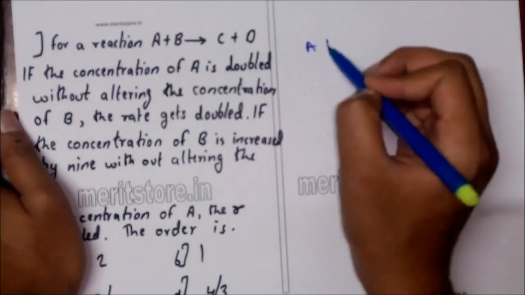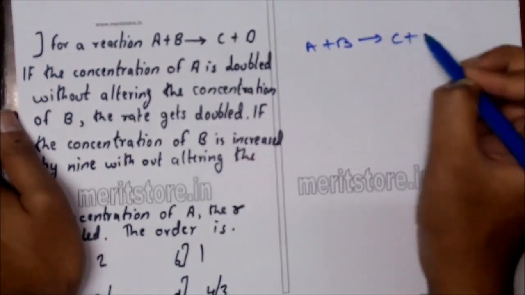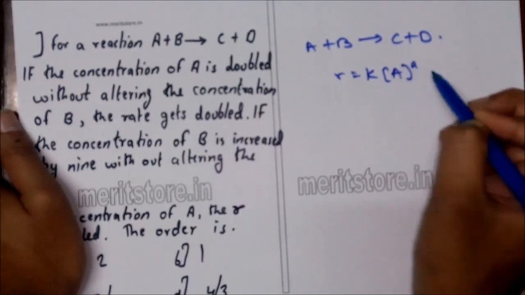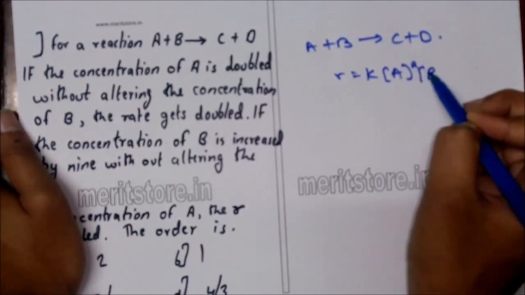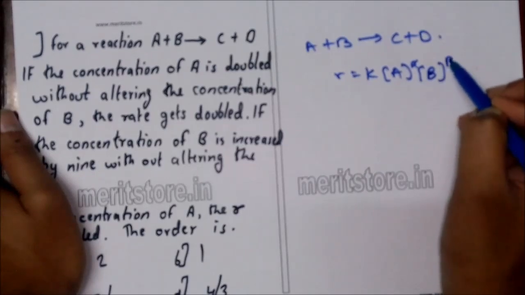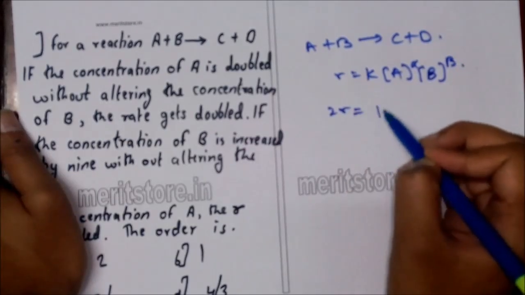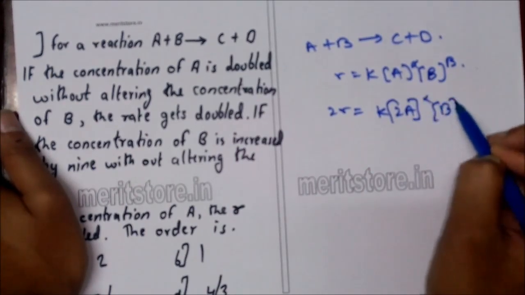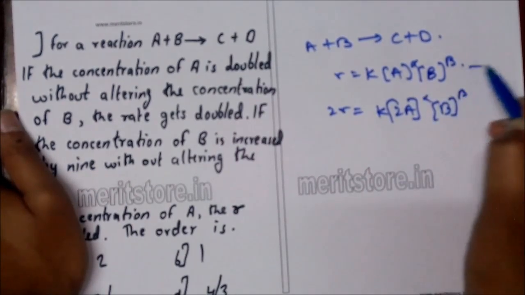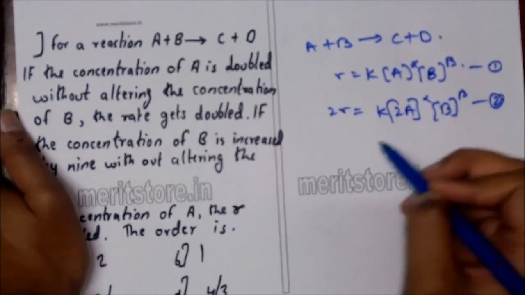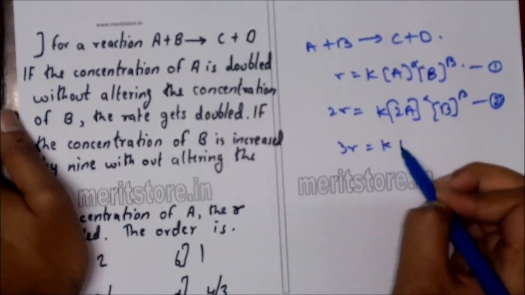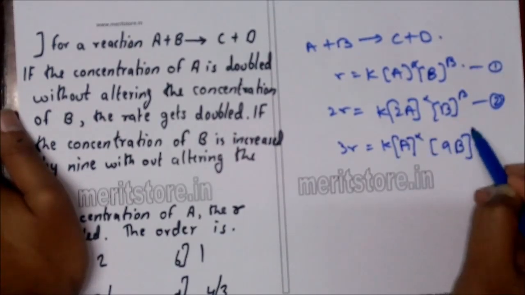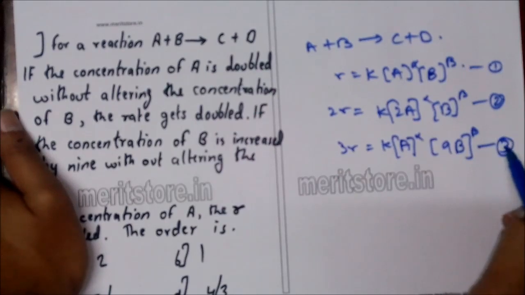So given equation is A plus B gives C plus D. So rate is equal to K A raised to alpha and B raised to beta. 2R is equal to K (2A) raised to alpha B raised to beta. This is equation 2, and the rate equation is equation 1. 3R is equal to K A raised to alpha and (9B) raised to beta. This is our equation 3.